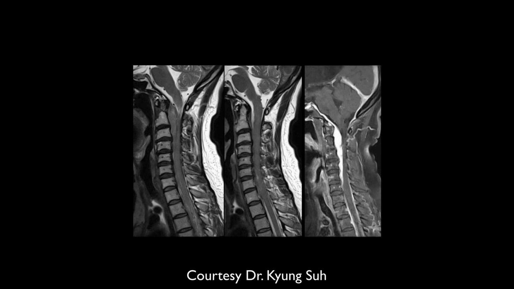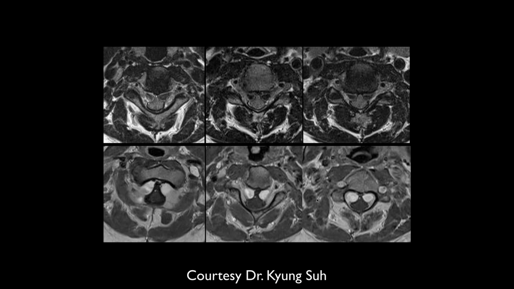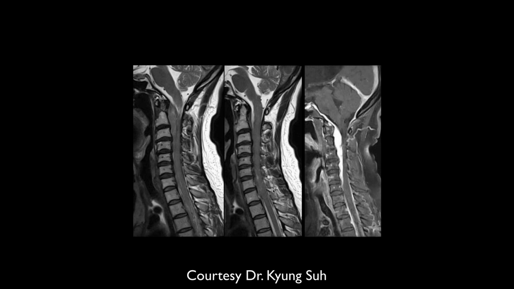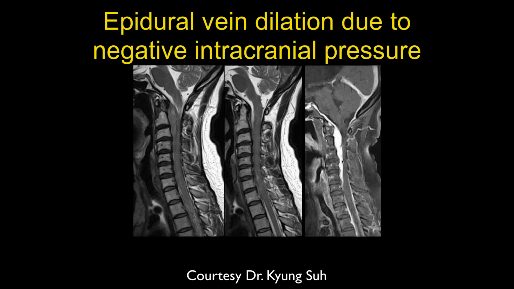Superiorly, there is compression of the cord. This is, I think, post-contrast. Okay. So basically, what are these things? We can see here it's intermediate on T1, and kind of like that on T2, and then here we have contrast that enhances. The venous. Okay, so these are huge epidurals due to chronic negative intracranial pressure.